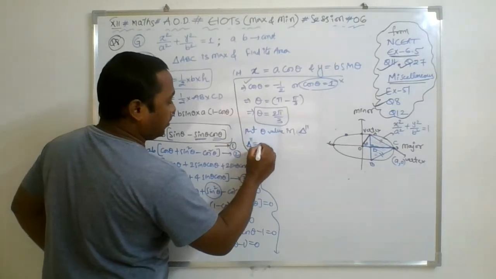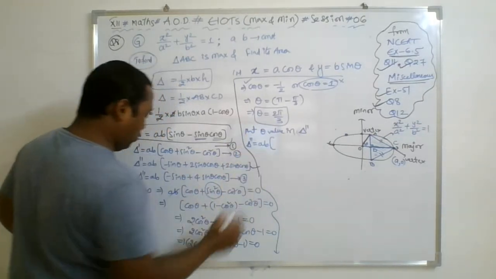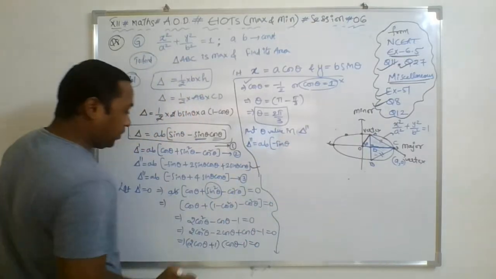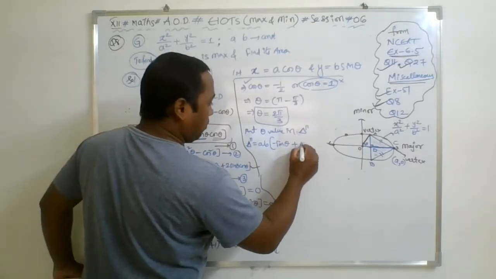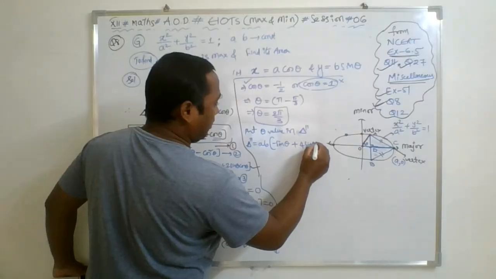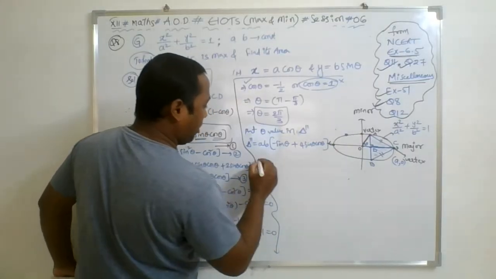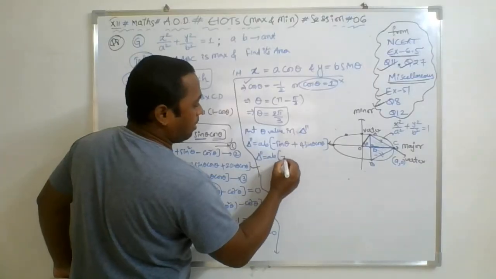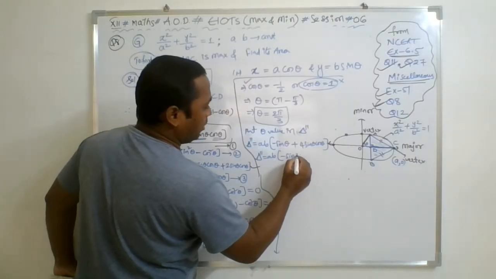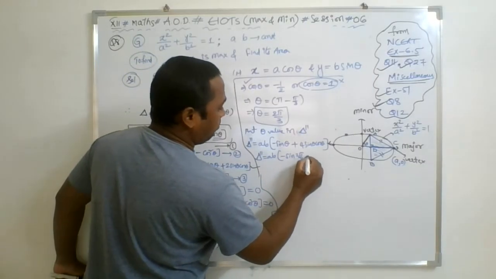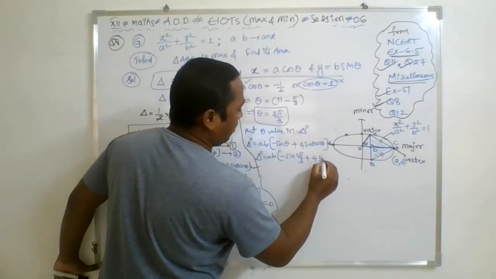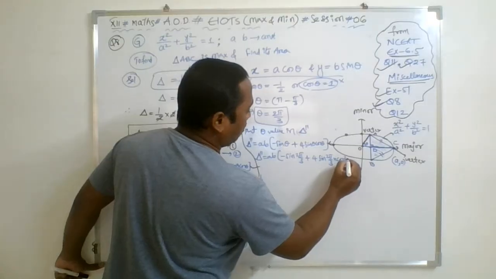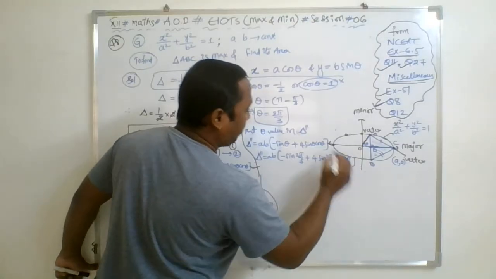Delta double dash is equal to AB into minus sin theta plus 4 times sin theta into cos theta. So delta double dash AB is equal to minus sin 2 pi by 3 plus 4 times sin 2 pi by 3 into cos 2 pi by 3.